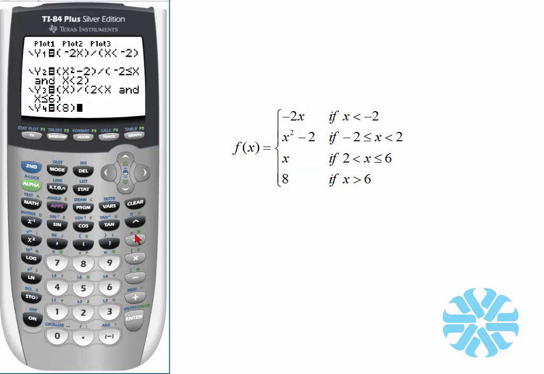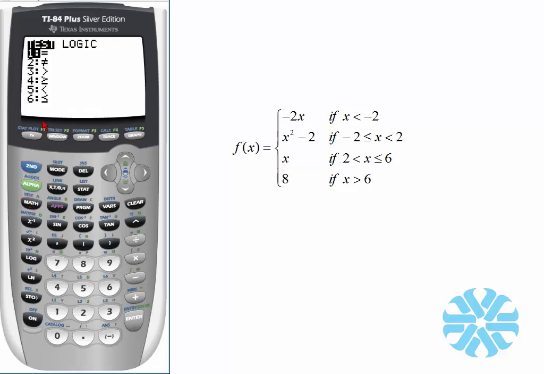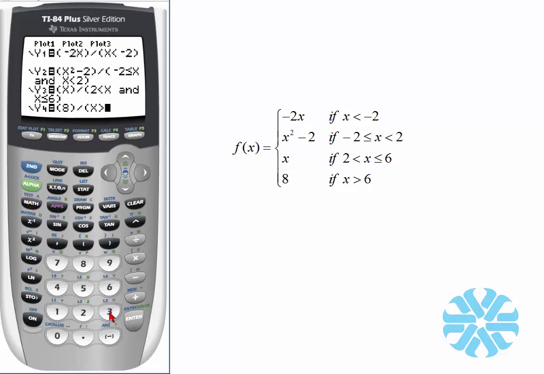And then now we separate that with a division symbol, and we want x greater than 6. So again, the left-hand parenthesis, x, second function math, greater than is number 3, and then 6. And then close the grouping symbol, and now we can select graph.